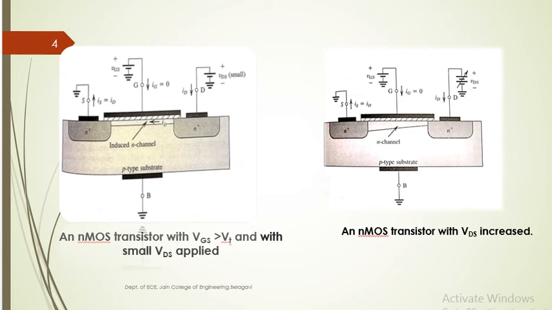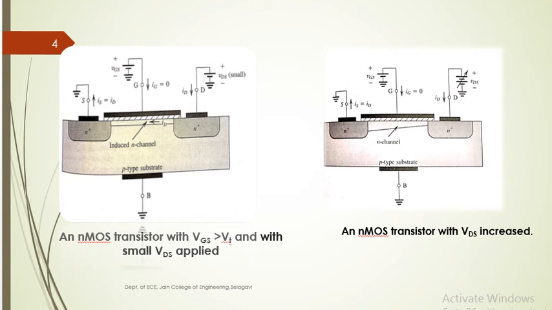As you go on increasing VDS further, you can also observe the P type substrate and N plus region PN junction on either side, source and drain. For the N plus region on drain side, when you go on increasing positive voltage, this PN junction becomes reverse biased.